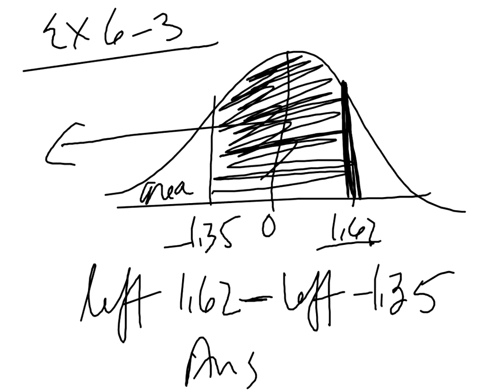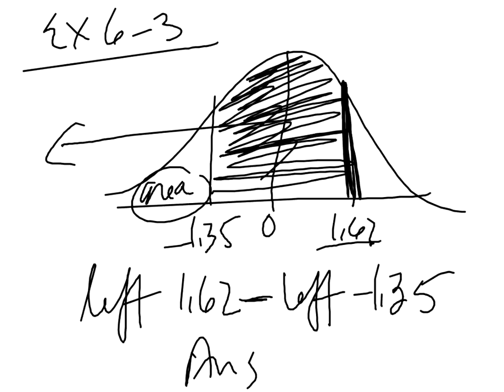Keep in mind that you can never get a negative area, okay? So the way we're going to do this is we're going to find all the area to the left of 1.62, and that's too much though, because that counts this area here. Then we're going to subtract out the area that's associated with minus 1.35.